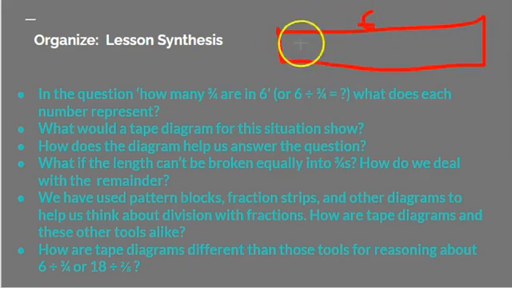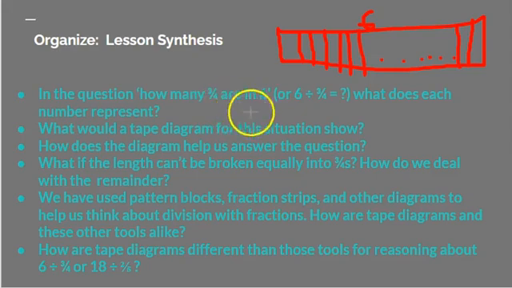It's going to be 6 broken up into fourths, and then figuring out how many groups of 3/4 we can make out of that. A diagram can help us, especially if we draw out every single part. I'm not drawing that out here because I'm just wrapping up. Then we can physically see those groups of 3/4.